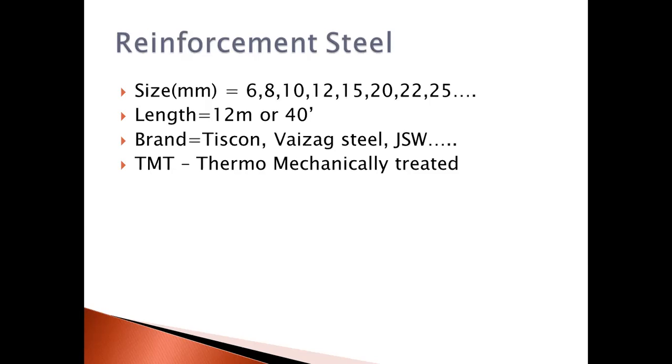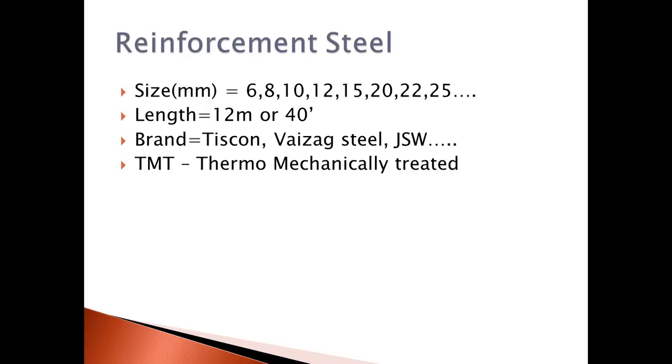So steel reinforcement bar, that is rebar, is of cylindrical shape. The size denotes the diameter of the bar. For example, 6 means a 6 dia bar. The sizes available in markets are 6, 8, 10, 12, 15, 20, 22, 25, and so on.